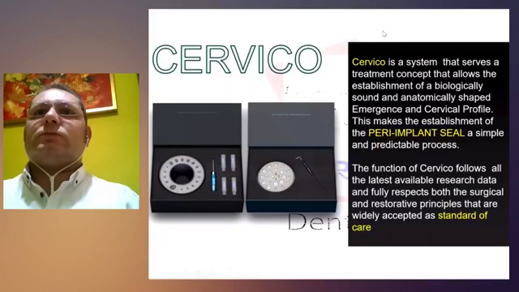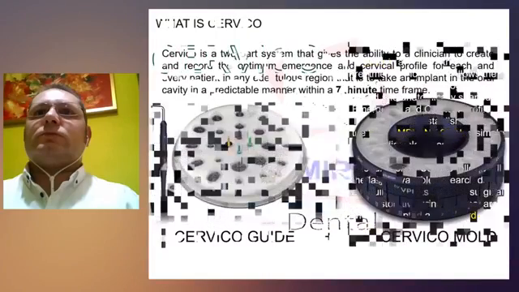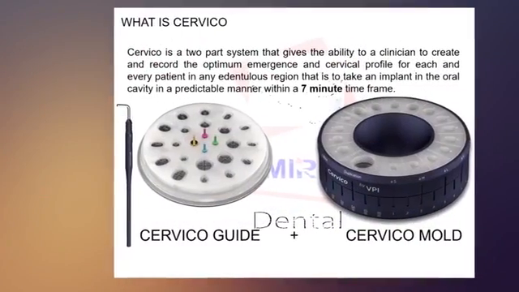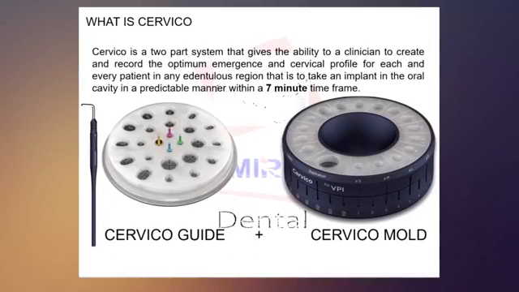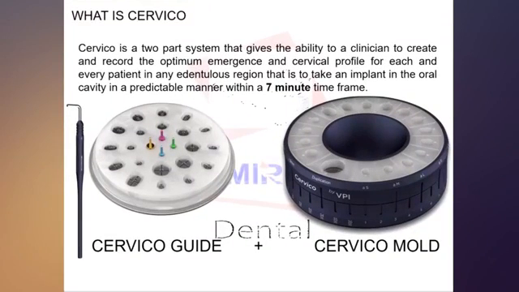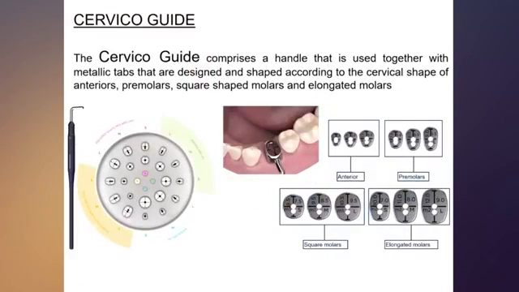But then later on, I found the cervical system, which is very easy and predictable and can allow, in a couple of minutes, a very nice emergence profile. With this set, in a little more than 5 minutes, you can make an emergence profile which is more natural than anything else I've used before.